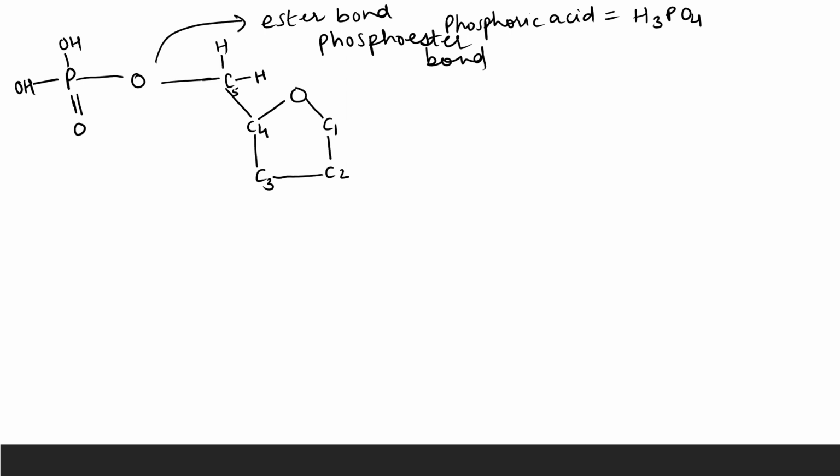All right, now let's make the second monomer, C1, C2, C3, C4, right? And we have here C5, right? And again, we need to make the bond with phosphorus.